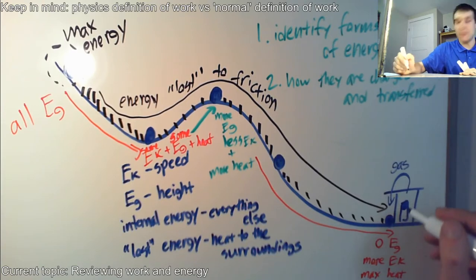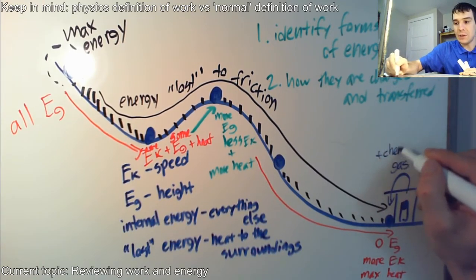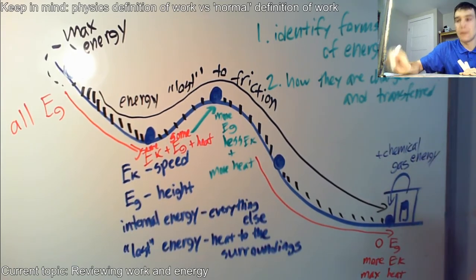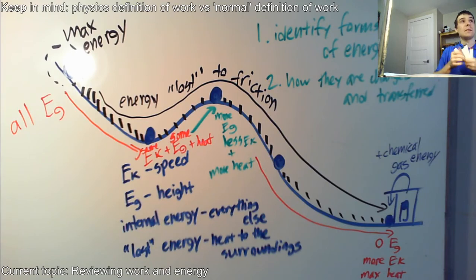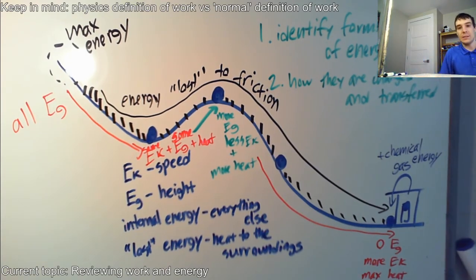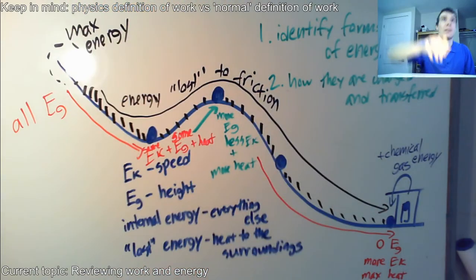Gas goes into the car, and that's plus chemical energy. So we're kind of increasing the internal energy of the car along the way. So this is forms of energy. This is how they're changing. That chemical energy could, I guess, technically be considered internal energy.